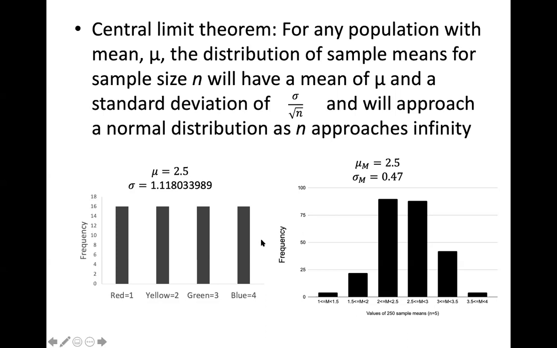What I'm showing you right here on the right side is our distribution of sample means. This thing over here is our population distribution. The population distribution is just that there were 64 people at the party, and we tallied how much of a donation each of those 64 people made. 16 people made a $1 donation, 16 made $2, 16 made $3, and 16 people made a $4 donation.